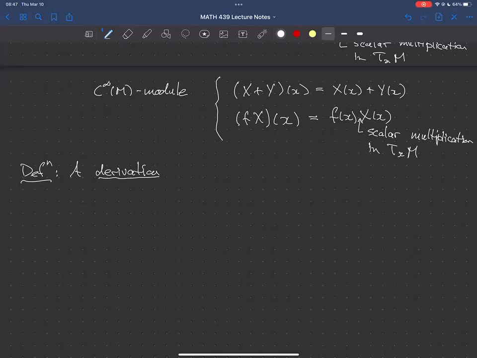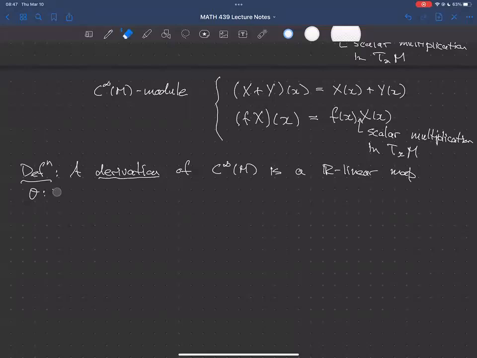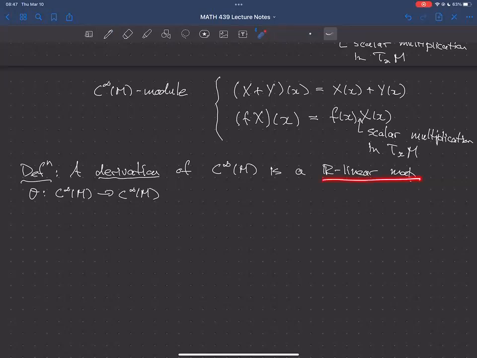Okay, so a derivation of the space of smooth functions is a real linear map, and I'll call a derivation theta, from the space of smooth functions to itself. Here, I'm using the fact that I can make real linear maps make sense because above I defined the vector space structure.